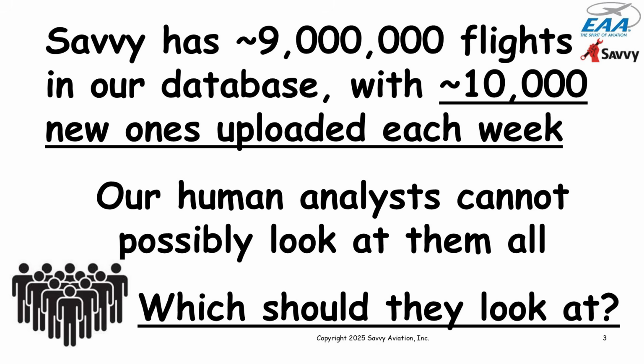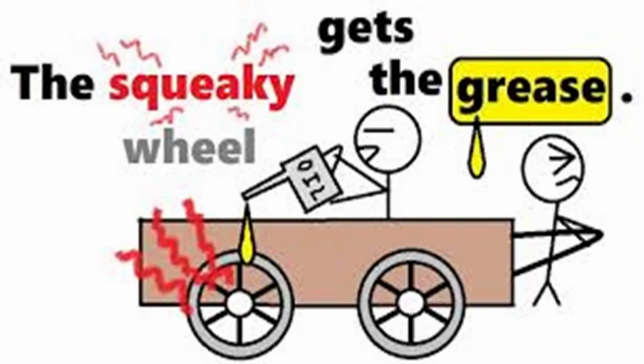And so, which flights should our analysts be looking at out of these 10,000 flights that are uploaded every week? In the past, they basically have looked at flights that the aircraft owner who uploaded the data asked them to look at, usually because the aircraft owner thinks something might be wrong, the engine hiccuped on the last flight, or he had a high CHT or something, and he wanted us to look at it.